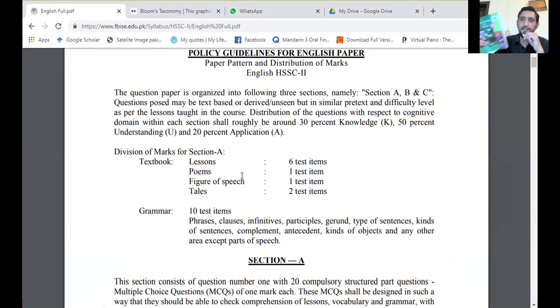We'll be studying this textbook. The previous book was from the Punjab Textbook Board; this one is from the KPK Textbook Board. It's a good book, and I hope it will help us cope with some of the challenges we have with the teaching and learning of English as a language in Pakistan.